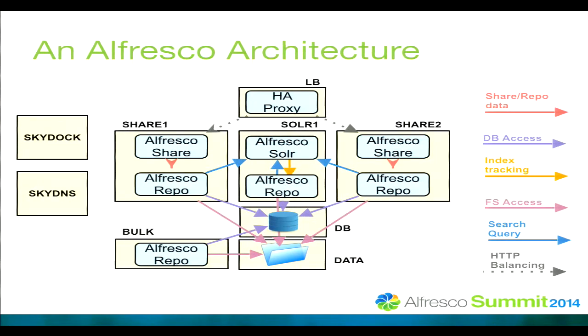So what we have in front right now is an architecture. This is one of the architectures that I've installed for customers during my consulting activities. This is a real life example, right? We have one load balancer, currently configured with HAProxy and round robin, Share 1 and Share 2, one Solr index, then a bulk upload instance which only contains the repository and has the role of pushing data.